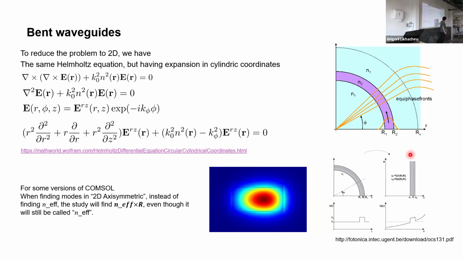But in this case, you will have to modify your coordinate system by doing this mapping. And here you will also need to modify your refractive index, rather than this piecewise constant description, into a tilted function.